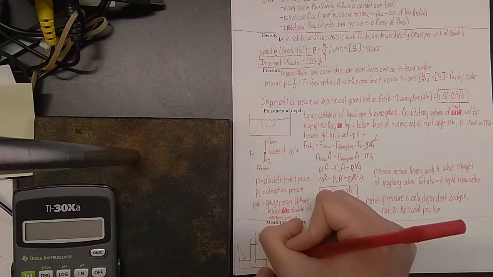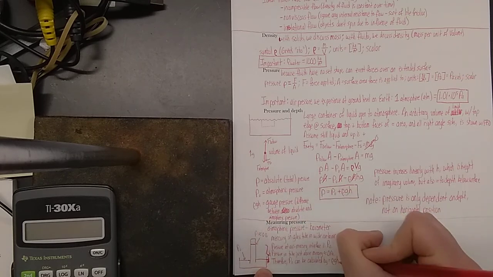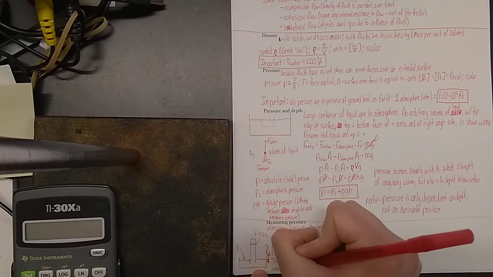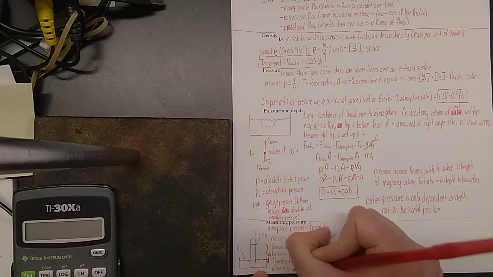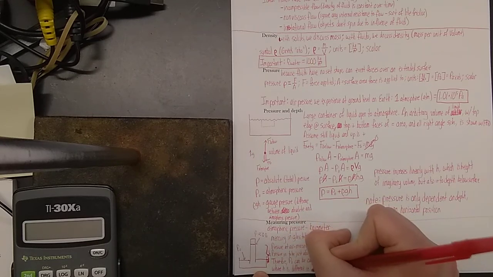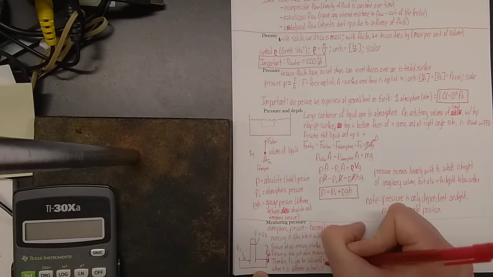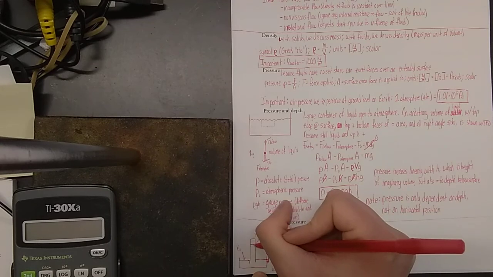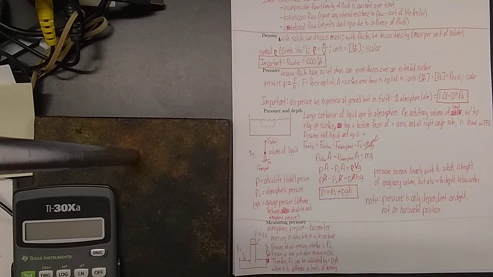The difference, not all the way down there. Sorry, that's a little misleading. Where H is the difference in the levels of mercury. In other words, the difference in height between the level in the tube and the level in the dish.